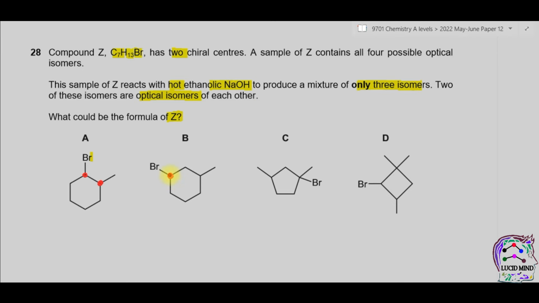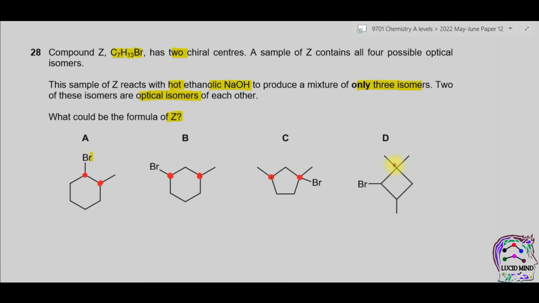Similarly, we can see this carbon is chiral as 1 hydrogen, and left and right side are different. This one is also chiral, left and right sides are different, 1 CH3, 1 hydrogen. In this one, this carbon is chiral. We have 3, 2, so different sides, 1 hydrogen atom. And looking at this carbon, it is also chiral.